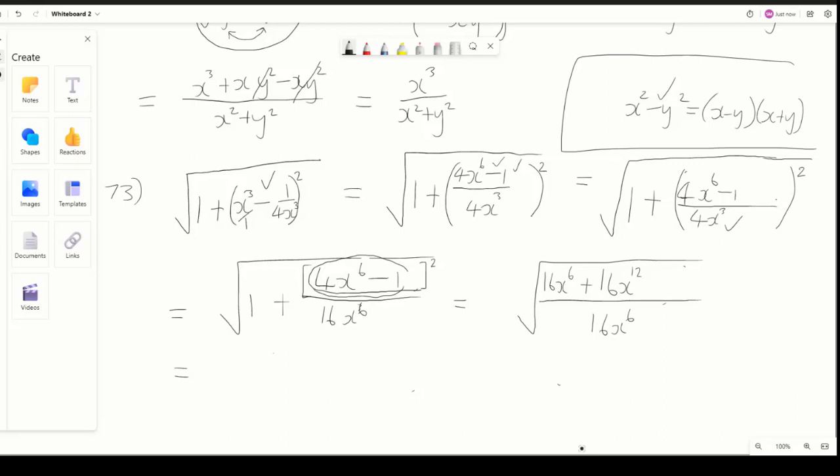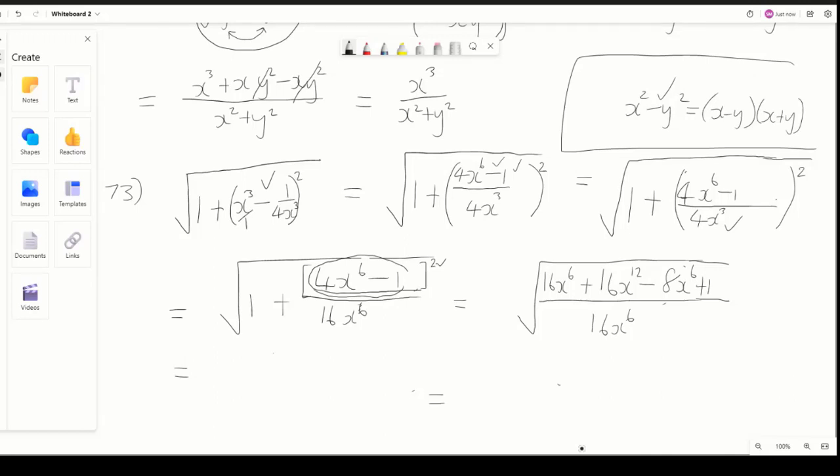And then 2 times 4x to the 6 times minus 1 gives me minus 8x to the 6. And then negative 1 times negative 1 is plus 1. And then I see a cancellation occurring.